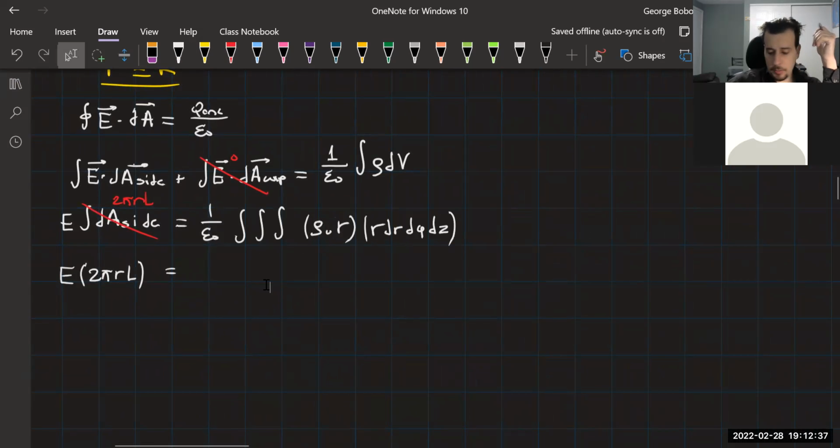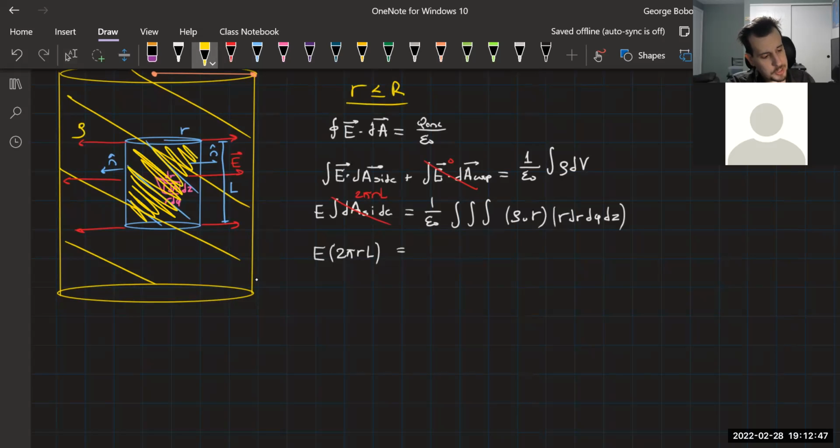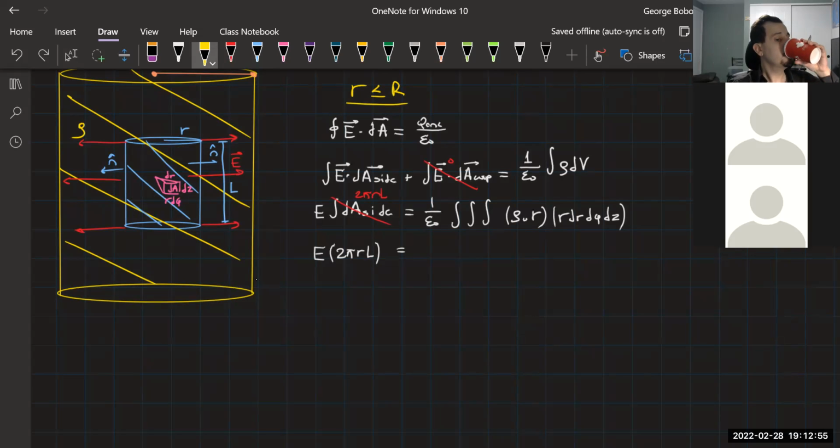We just have to integrate how much charge we are enclosing. Our cylinder is actually enclosing this charge in it. So, yeah, r would go from 0 to big R, or little r, wherever R is.